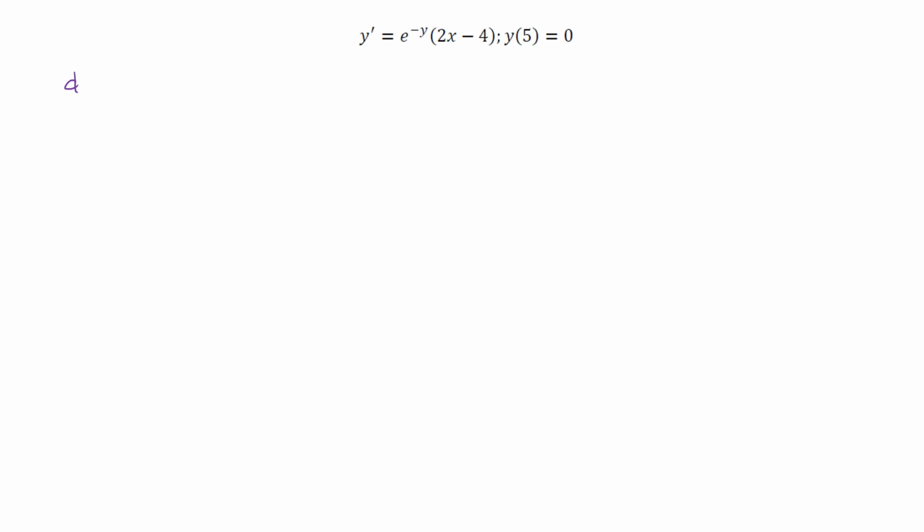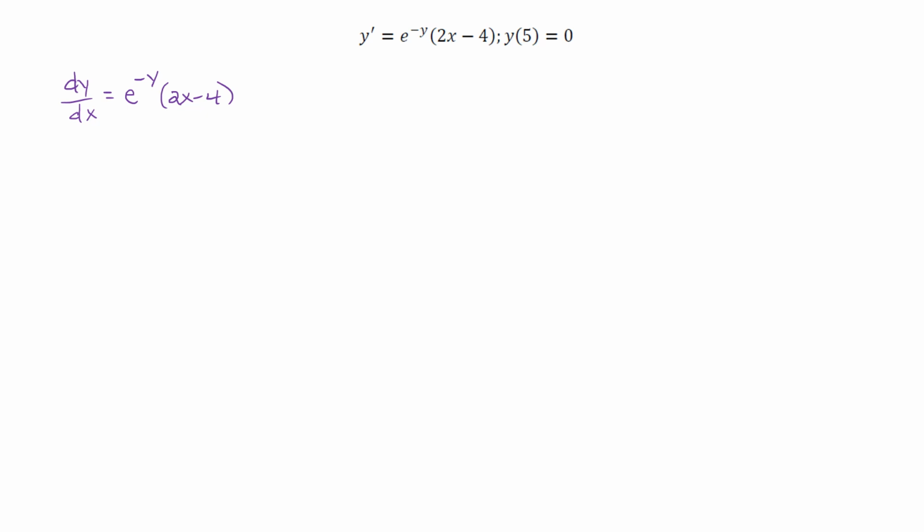I'm going to rewrite y prime as dy/dx equals e to the power negative y times 2x minus 4. I'm going to multiply both sides by dx and divide both sides by e to the power negative y.